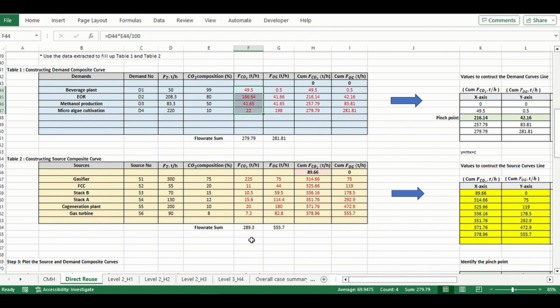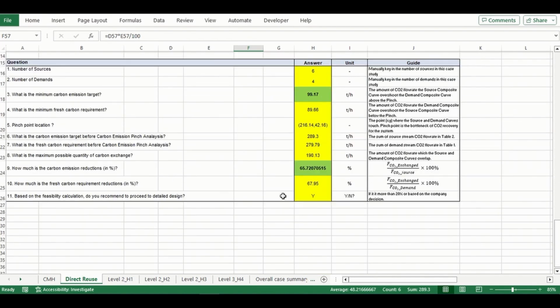To identify the CO2 emission target, we also add the flow rate of CO2 in the source composite curve data, which is 289.3 ton per hour. You can see the Excel formula, used just to copy and paste the values.